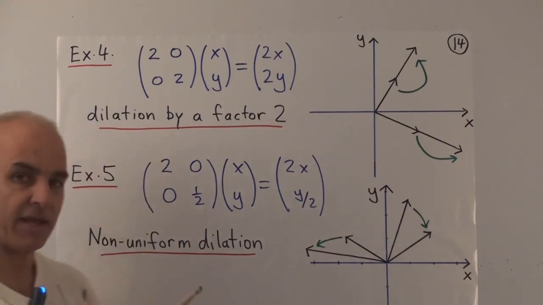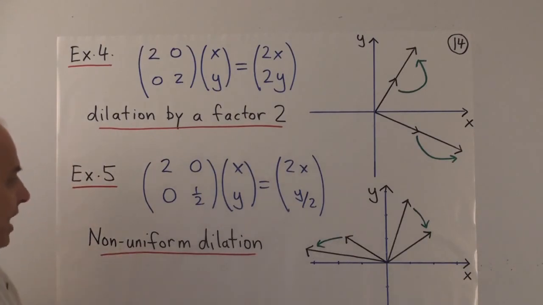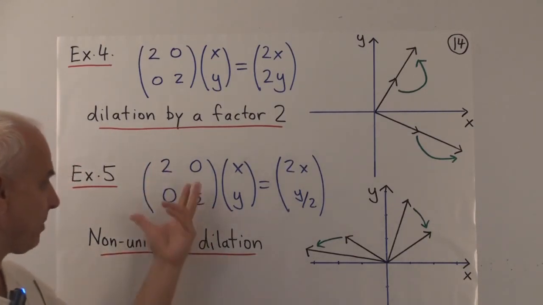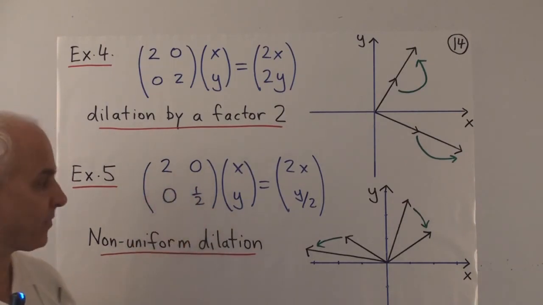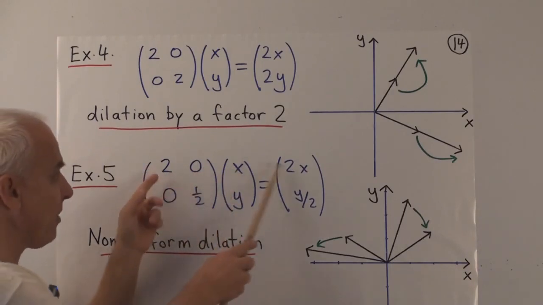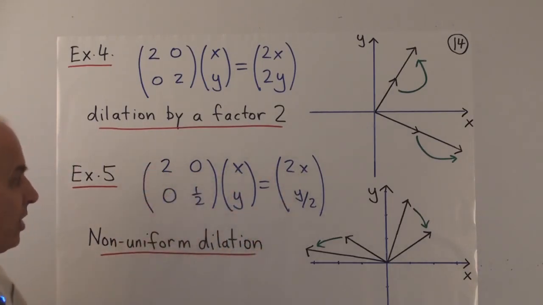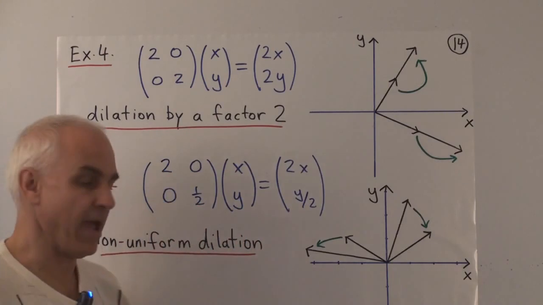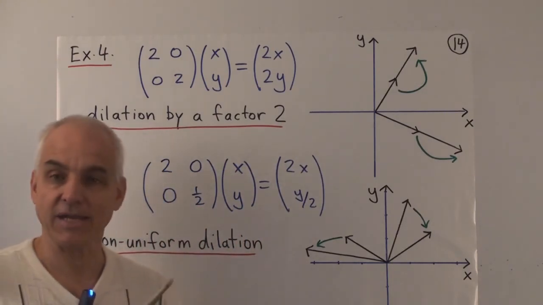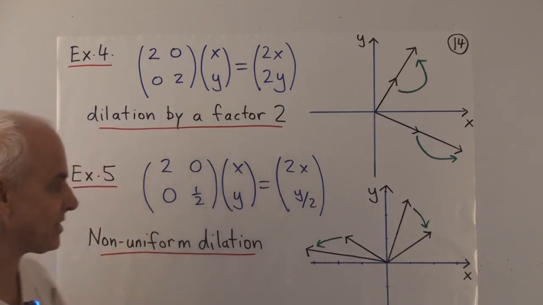We can get more complicated dilations, or non-uniform dilations, by putting different numbers along the diagonal, but keeping the off-diagonal elements 0. So if we multiply by 2, 0, 0, 1/2, then the effect is to multiply the x coordinate by 2, but multiply the y coordinate by 1/2. So we're scaling or stretching things by different factors in different directions.